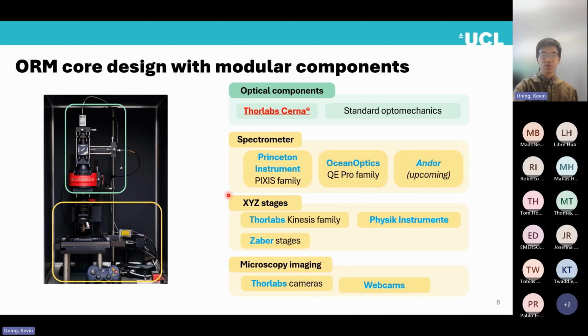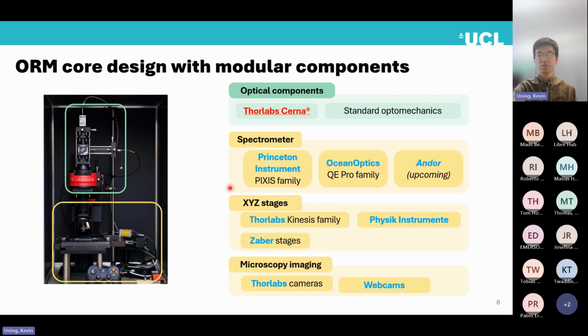The spectrometers, XYZ stages, and microscope imaging components are modular, and they can be easily exchanged with one another. And to support this hardware modularity, we have also developed different controllers for each of them. Here we currently support a variety of devices.